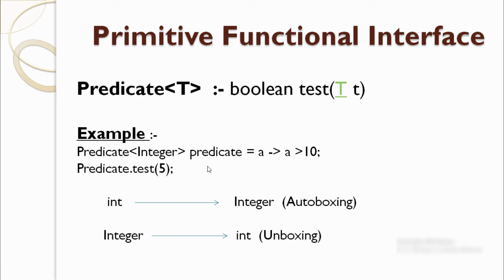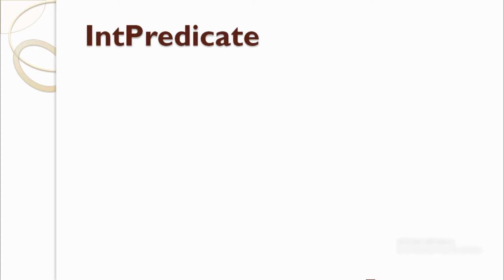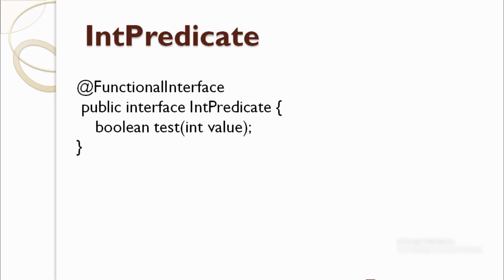So there is a lot of functionality behind this, and the conversion takes a lot of memory and resources. So java.util.function also provides interfaces that handle these situations, like IntPredicate, in which I already know that I want to pass an int value, and it always returns boolean.